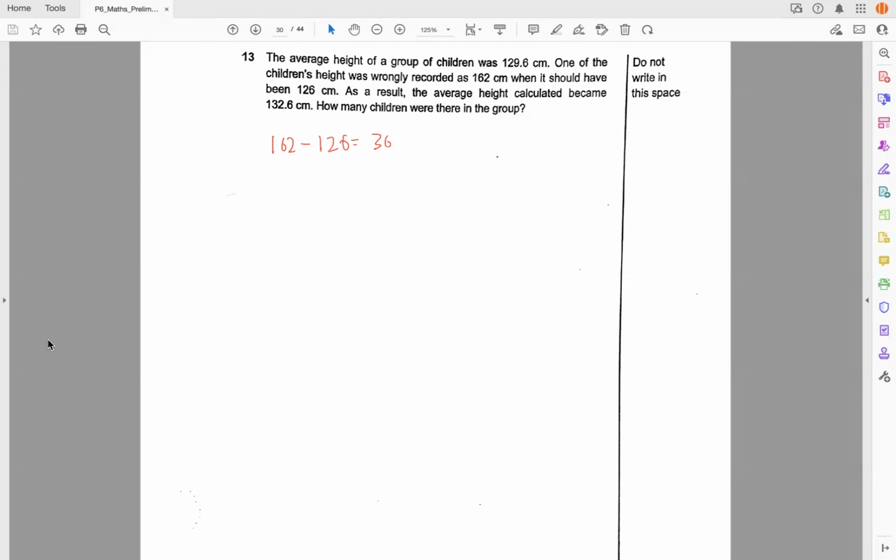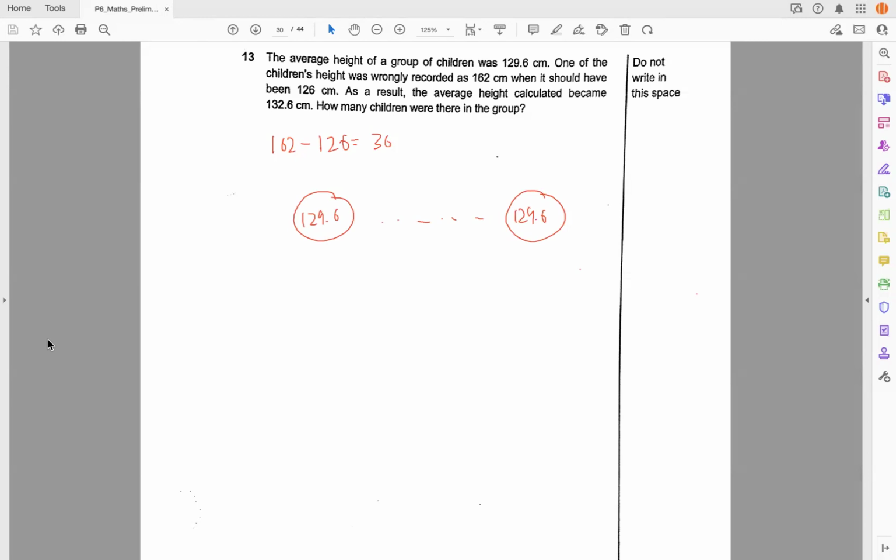Now, if I look at the average, I do not know how many children. I'll draw one circle to represent a child. So the average height is 129.6. This is the correct average.